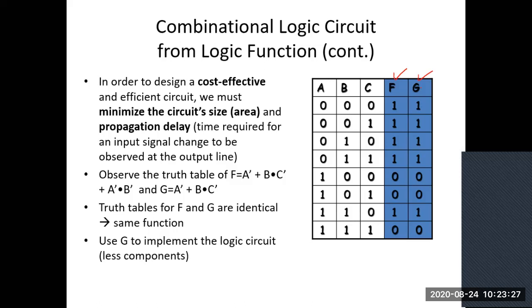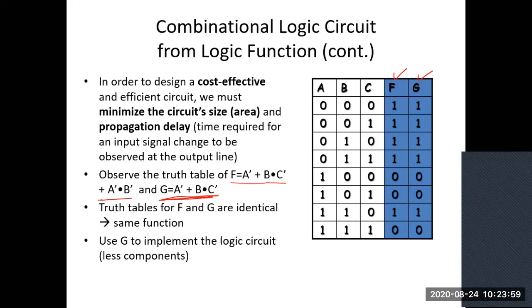Basically, for creation of these truth tables, I have considered F equal to A bar dot B C bar plus A bar B bar, and for creation of G I have considered this equation. Because these two truth tables are the same, I can interpret that both the functions F and G are the same.